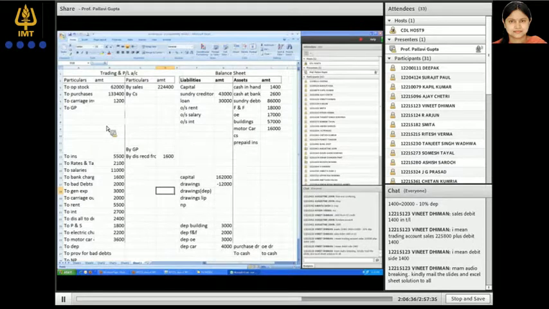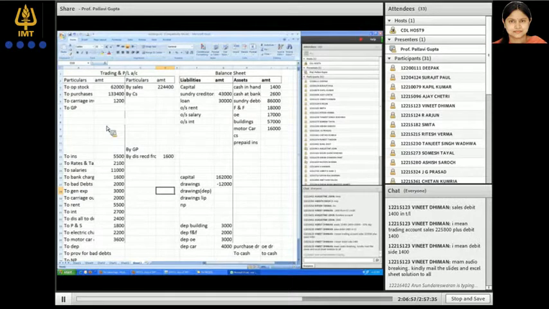Yes, this solution is there in the folder which I have already sent you. The full FA folder I have sent you. So this Excel is there in that folder. Solved Excel is there in that folder. The folder which I have sent you is the same which is there on my desktop right now.